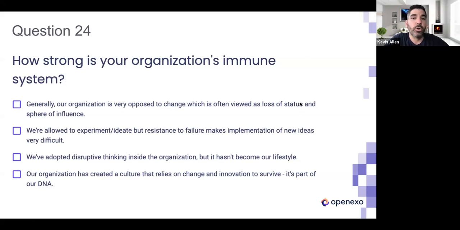Then, how strong is your organization's immune system? This might require explaining a little bit more about an immune system within an organization. But if you actually read through the answers, it is quite clear. And this also is a way to determine which people from within the organization that are completing the EXQ may be good to have conversations with, maybe good to bring together team members that are on opposite ends: people who believe that there's not a strong immune system, and those that believe there's a strong immune system.